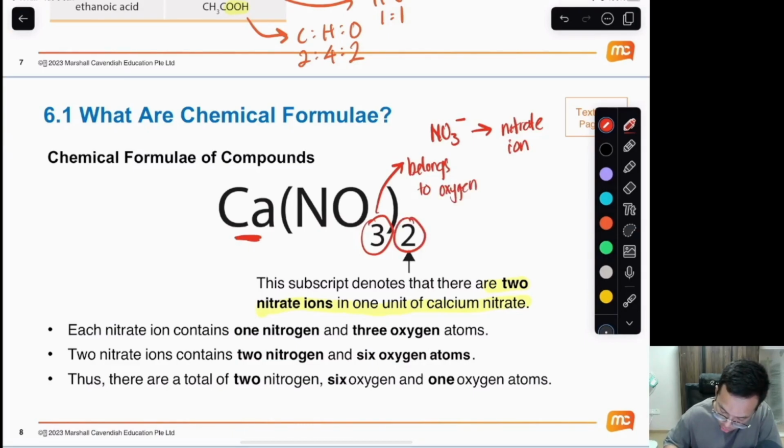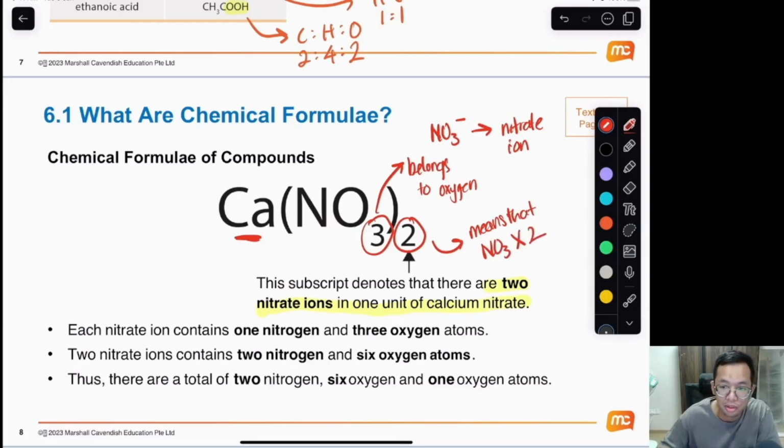These 2 means that NO3, this whole thing, times 2. So there are 2 nitrate ions. Which means if I were to put it, how many atoms are there? Sorry, let me write down here.